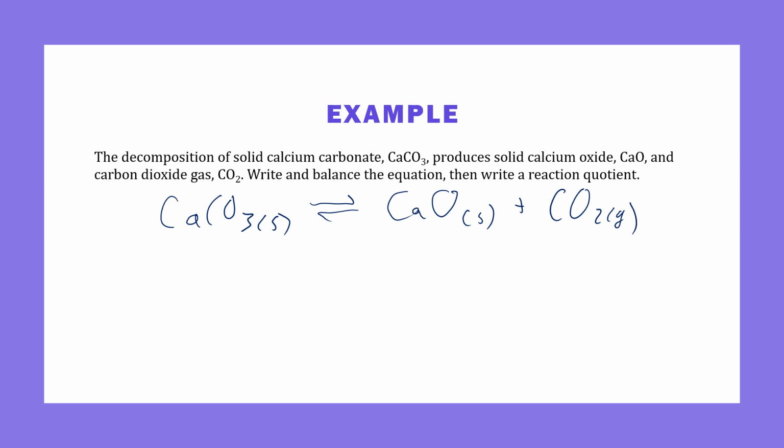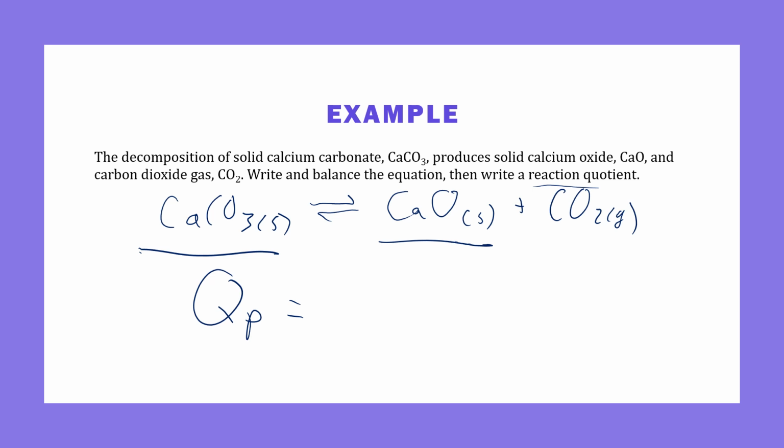So now we can write our reaction quotient. This time we want to write a Q, because it doesn't tell us whether we want to do pressure or concentration. I'm going to go ahead and do Qp, pressure, because the last one we did Kc, just to mix it up. But remember, we do not include solids or liquids. So we do not include the calcium oxide or the calcium carbonate because those are solids. They're still there.